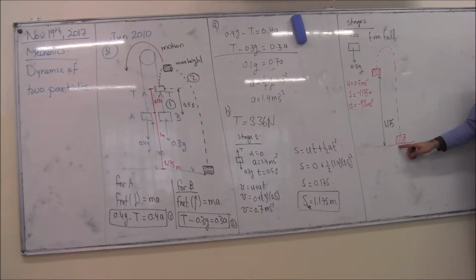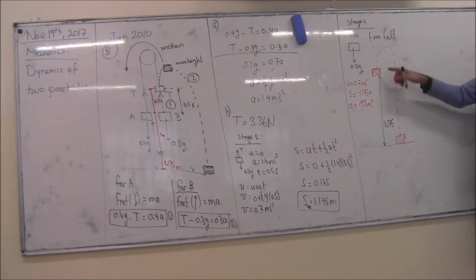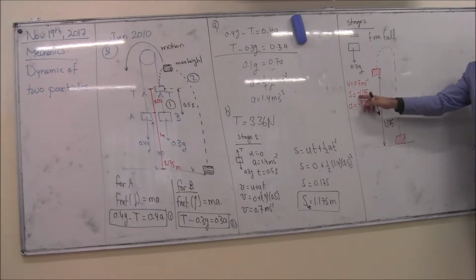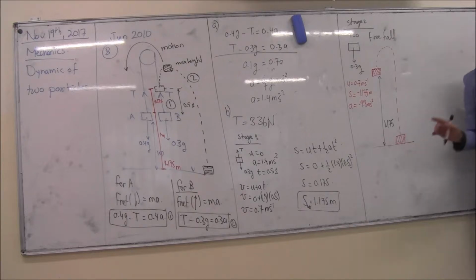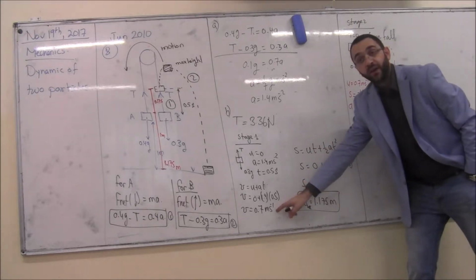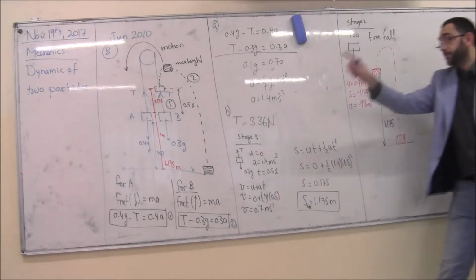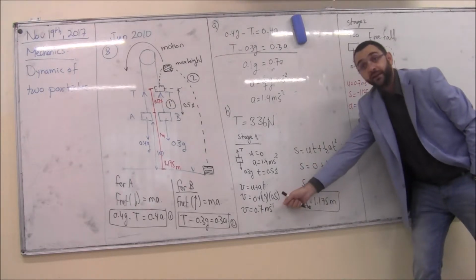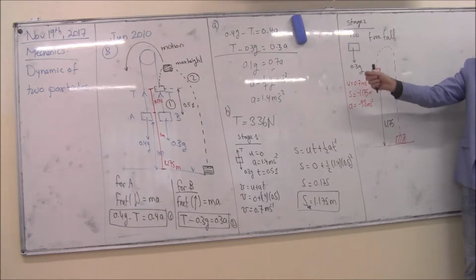We always take the displacement, the shortest distance between initial and final, which is negative 1.175, because it's falling down. This is the first point. Second point, U is given. The final velocity in stage 1 is the initial velocity in stage 2.